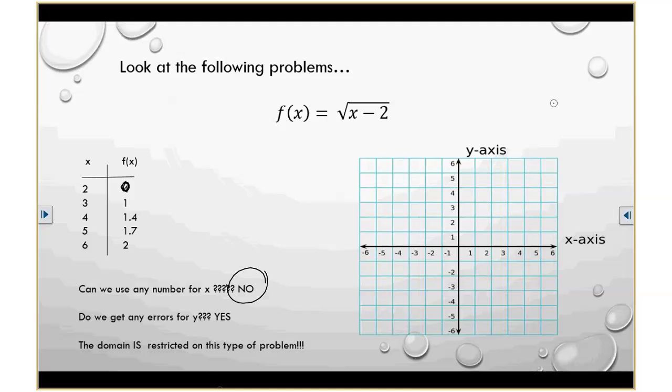And you can look at the graph, plot the points, 2 and 0, 3 and 1, 4 and 1.4, 5 and 1.7, 6 and 2, 8. So your domain is from 2 to what? 2 to infinity.